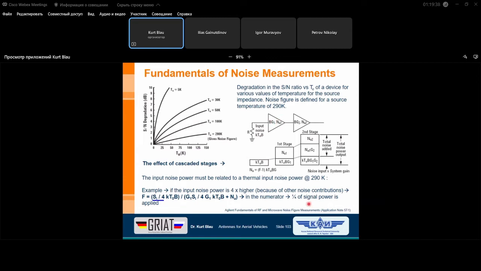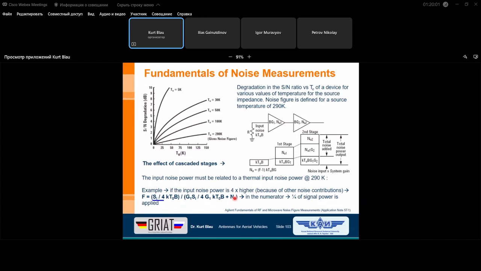It's absolutely the same. At first look, it's not directly visible in the formula, because in the denominator we have the sum of this value, the amplified input thermal noise power, plus the added noise power.